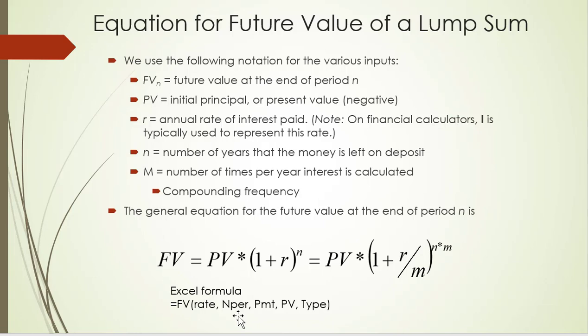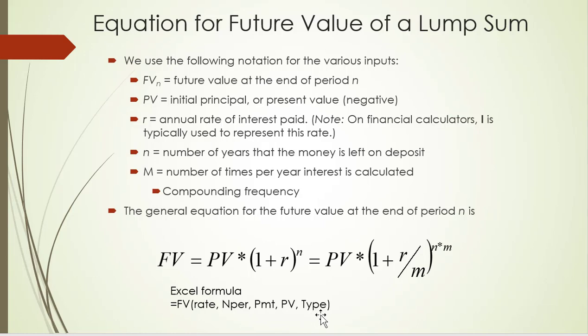So if you have M that is greater than 1, then the interest rate has to be divided by M, as it is in the formula here, and the time has to be multiplied by M, which is here. And of course, then we have payment, present value, and type.